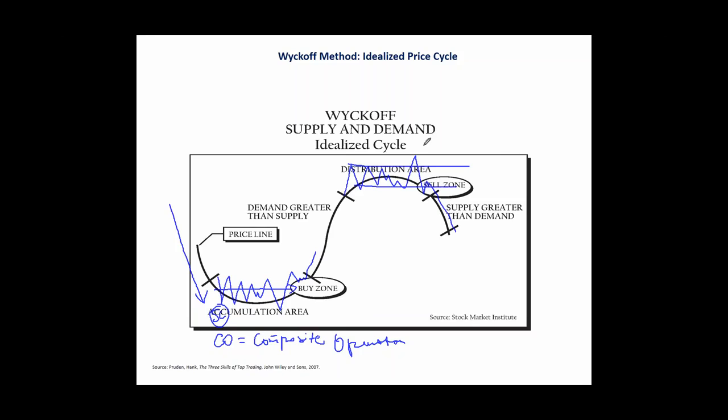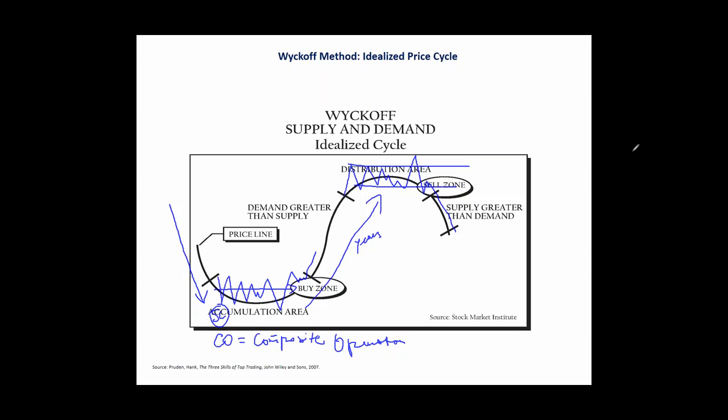The composite operator is accumulating shares to hold them from the buy zone to the sell zone, which can take years to unfold. Then once you get into the distribution area, they just as carefully, thoroughly, and patiently distribute the stock that they own, which creates these large tops.